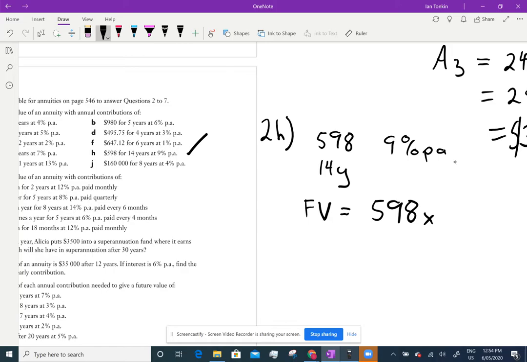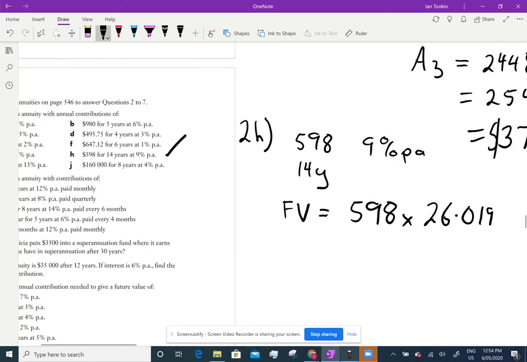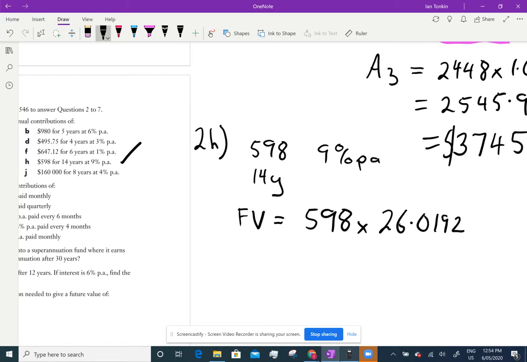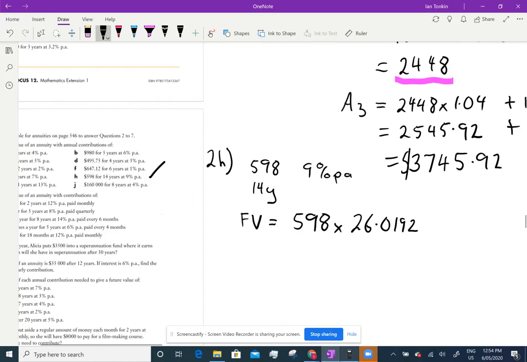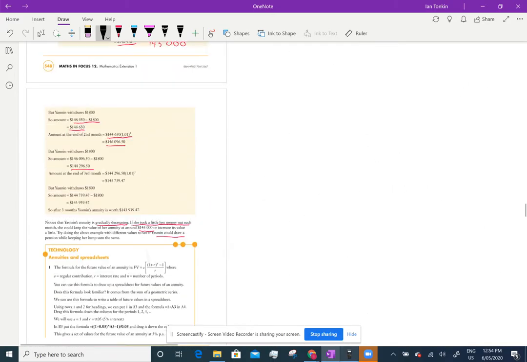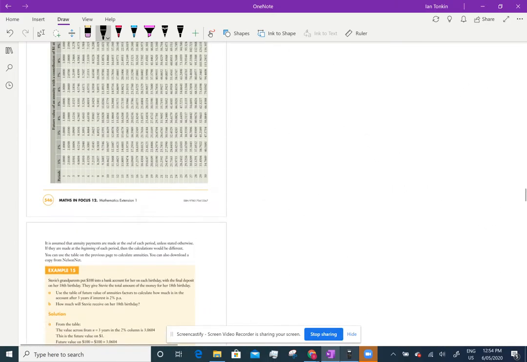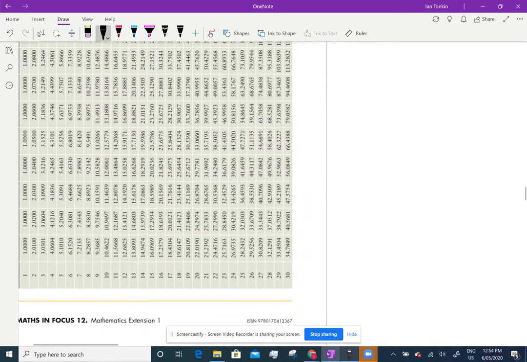I get 26.0192. I'm just double checking. 26.0192. And if you were to go back and use your table, here's my 14.